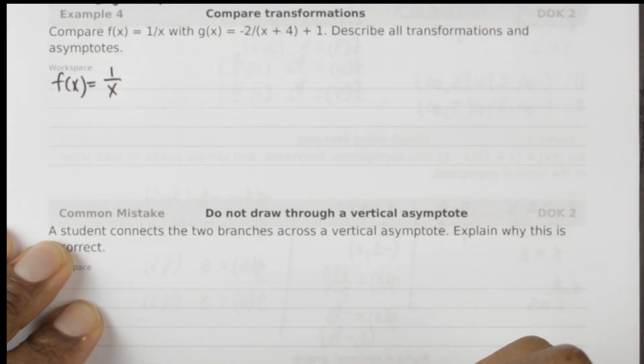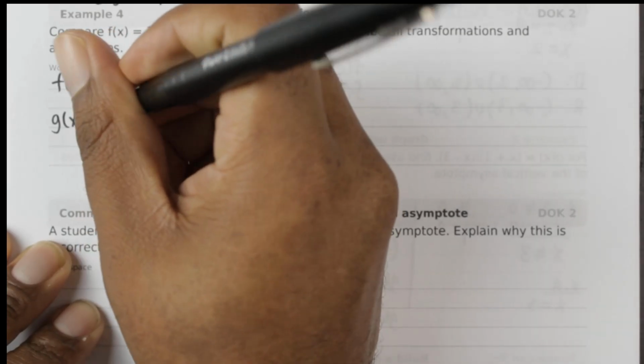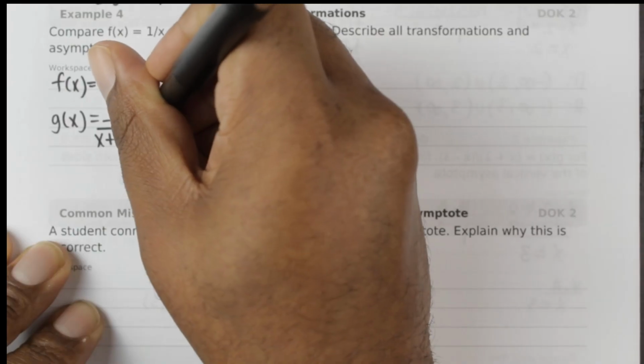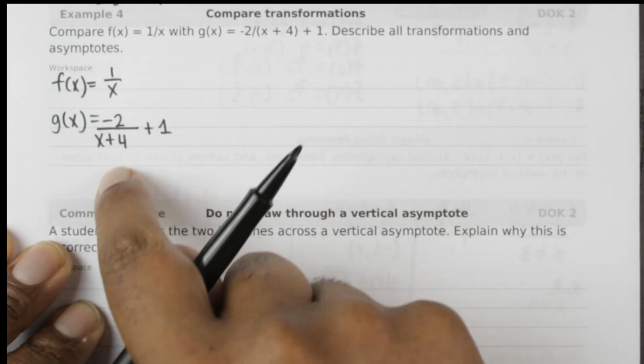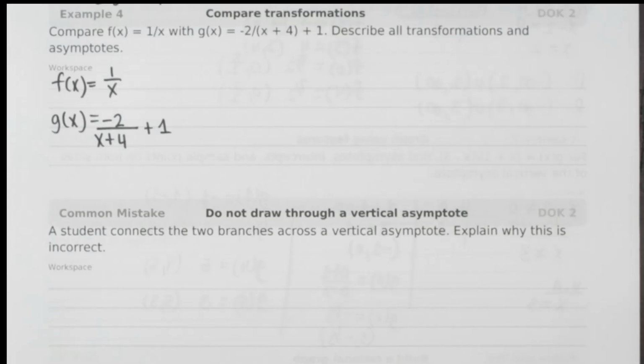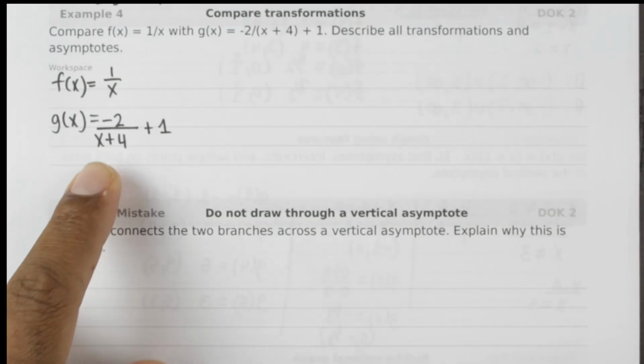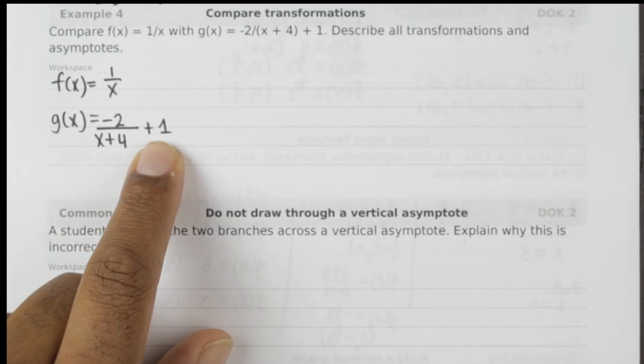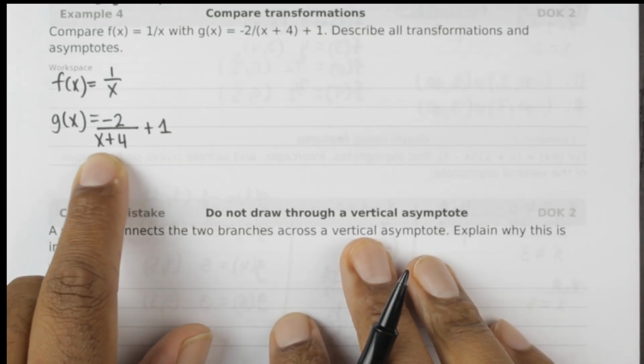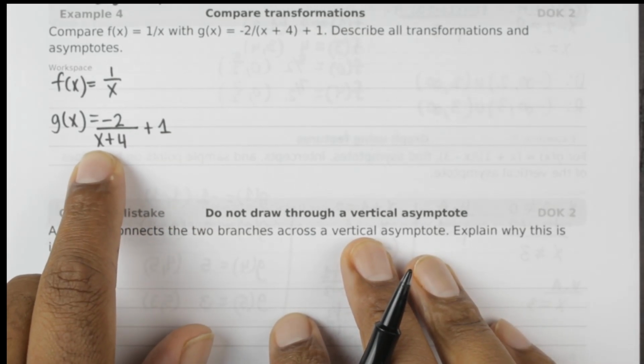Now we're going to compare that with g of x, which is -2 divided by x plus 4, plus 1. Notice the parent function, okay? So the x plus 4 is in the denominator, and this is the shift in x. We shift to the left 4 units.